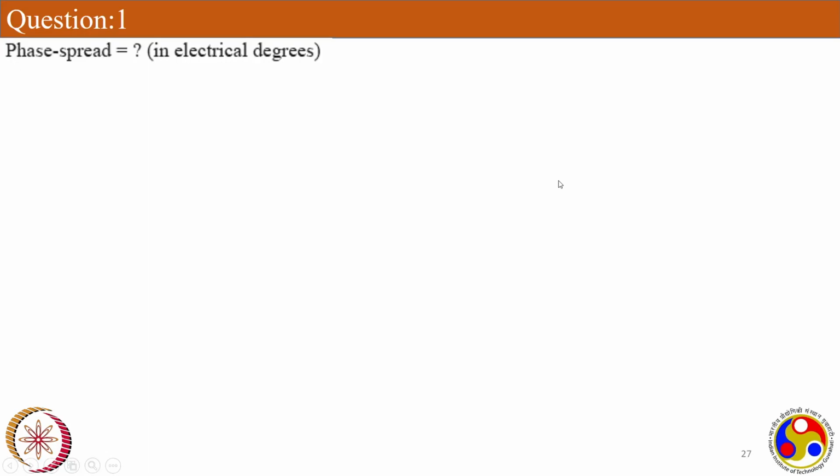And phase spread. First you need to calculate the slot pitch, which is 15 degree. Now you need to calculate across how many degrees each phase is spread. For that you calculate the slots per pole per phase, M, which directly gives you the phase spread.